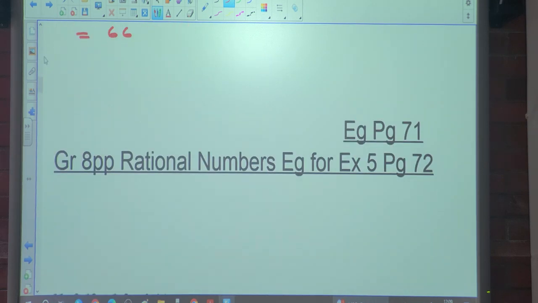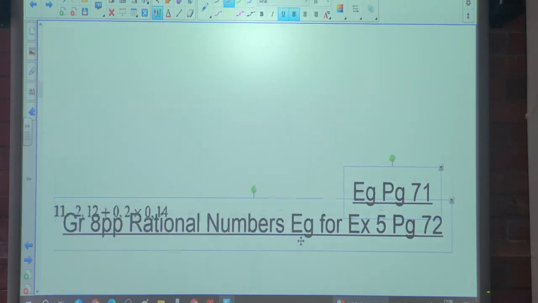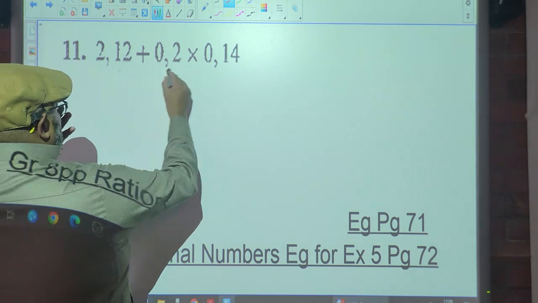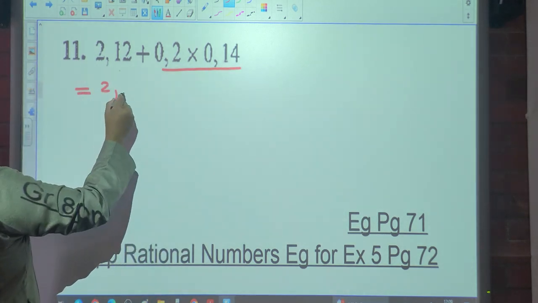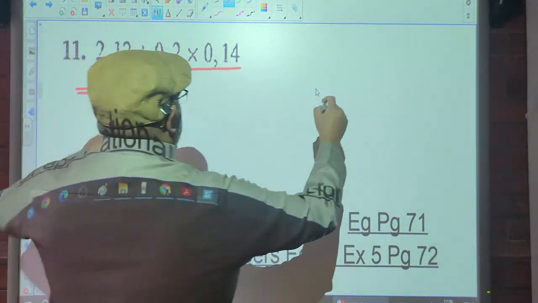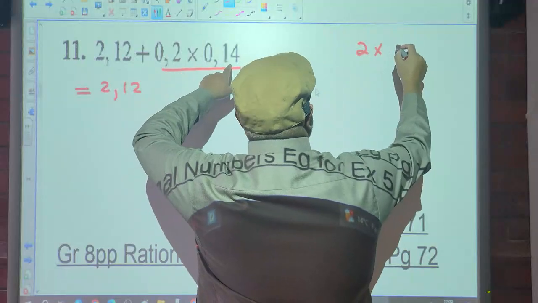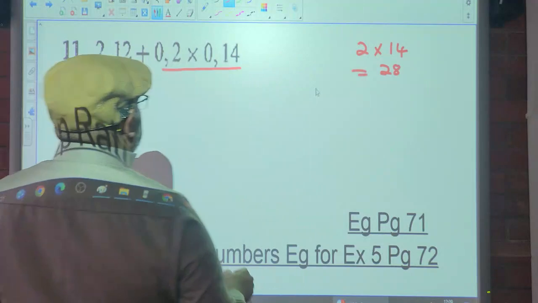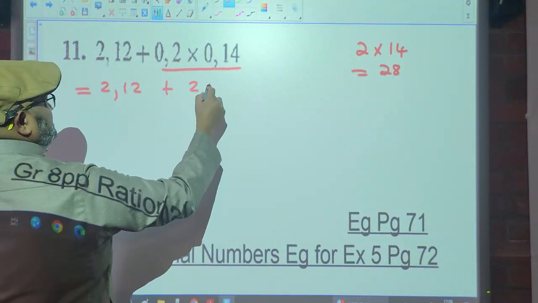The next question, number 11. So of course we need to do that first according to BODMAS. So it's 2,12. And we know that 2 multiplied by 14 is 28. That's 28 here.